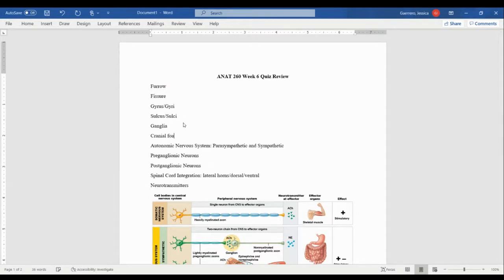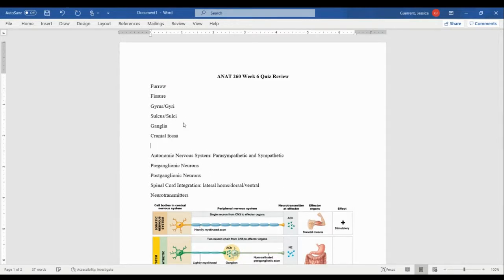Cranial fossa. On sulcus, knowing the lateral sulcus and central sulci. Longitudinal fissure.